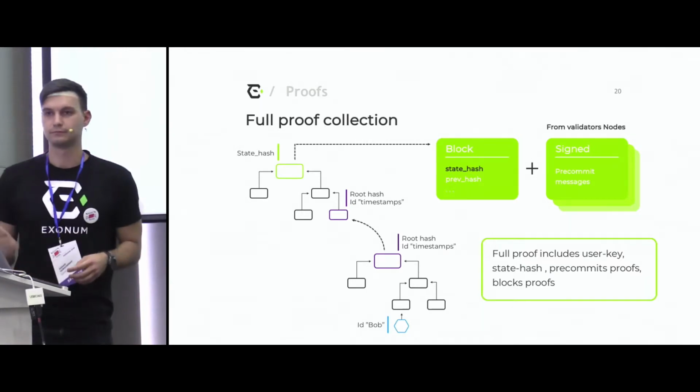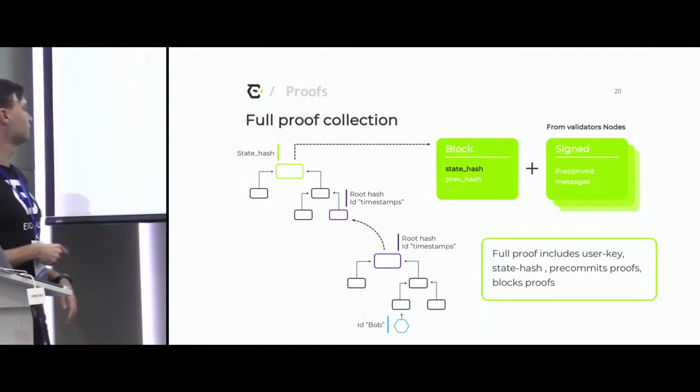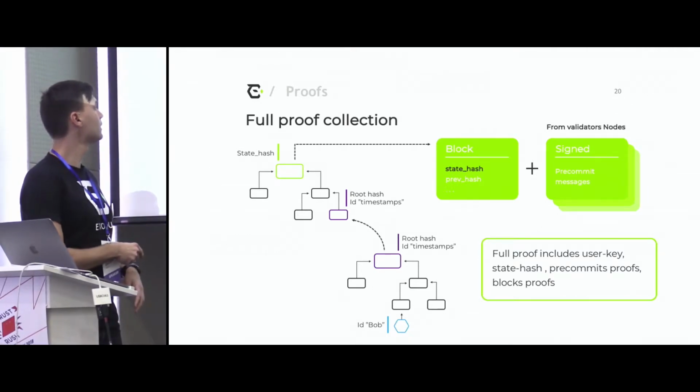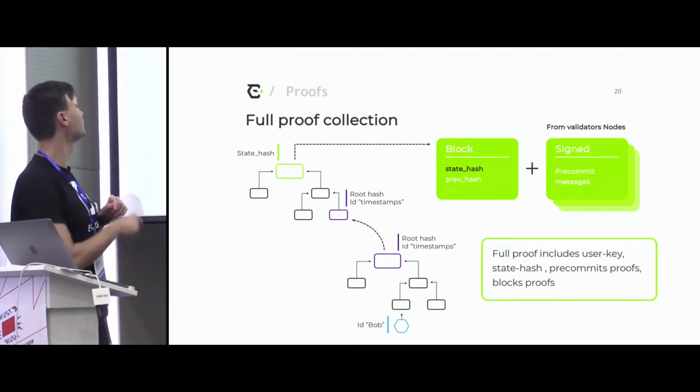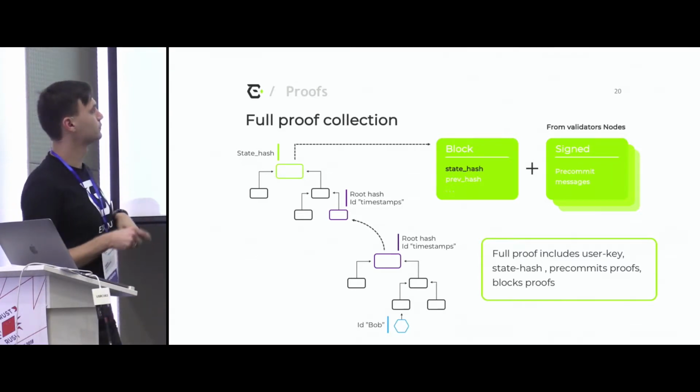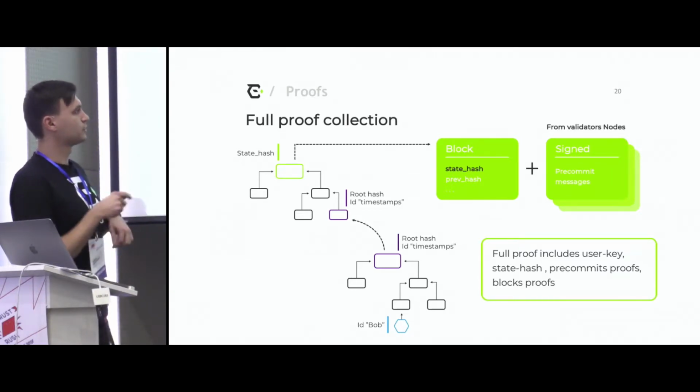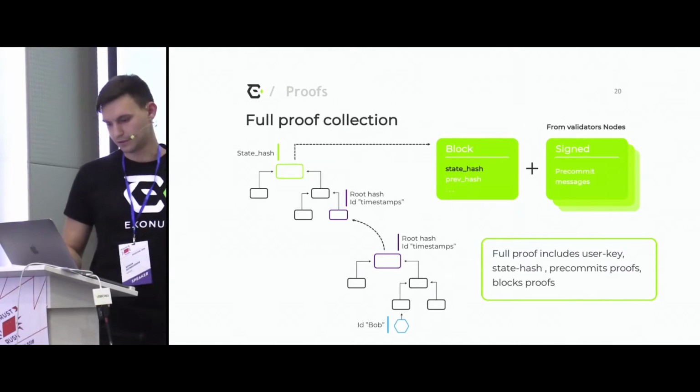For example, I'm asking for the data with ID Bob, and the full proof path will be like here. We will follow the path in the timestamps table, then the path in our common state hash table, and we also want to receive some information related to the blockchain.